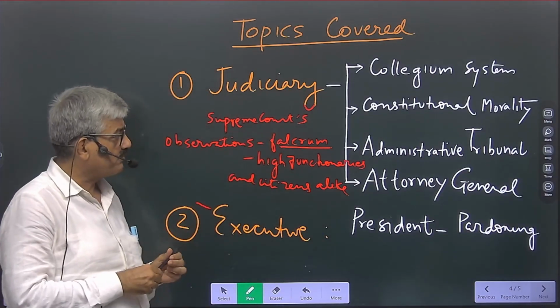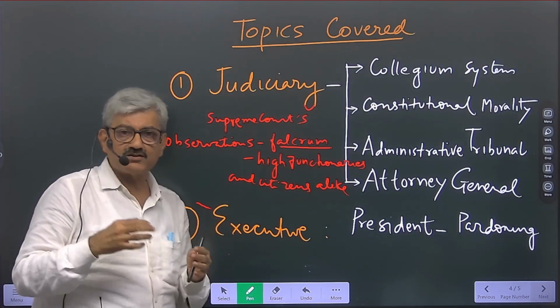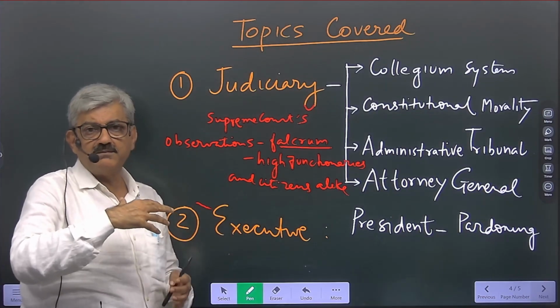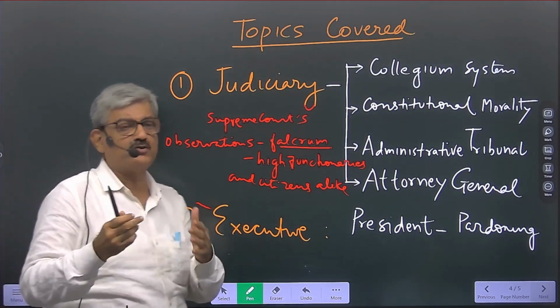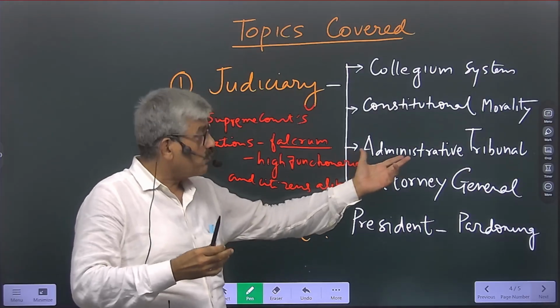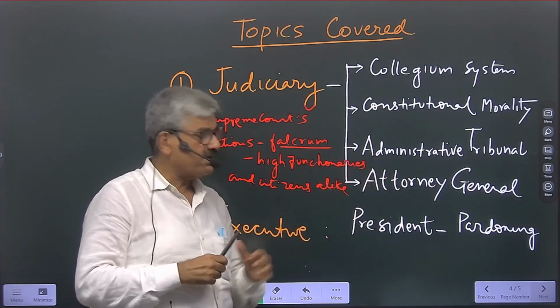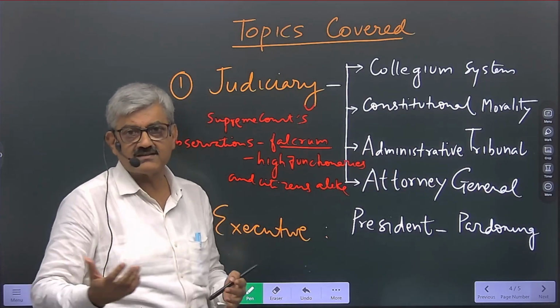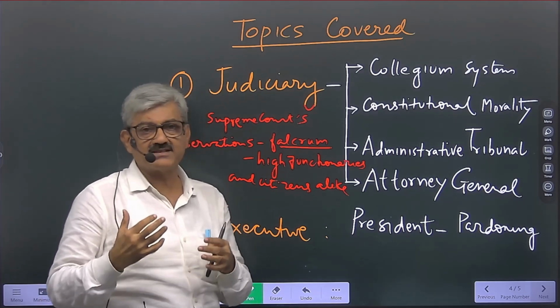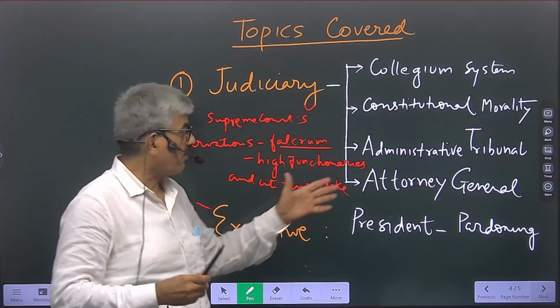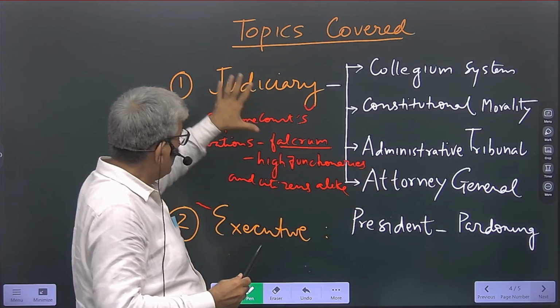Then administrative tribunals offloading the workload of the mainstream judiciary, and the Attorney General supporting the system as the legal representative, the highest legal authority of the Government of India.